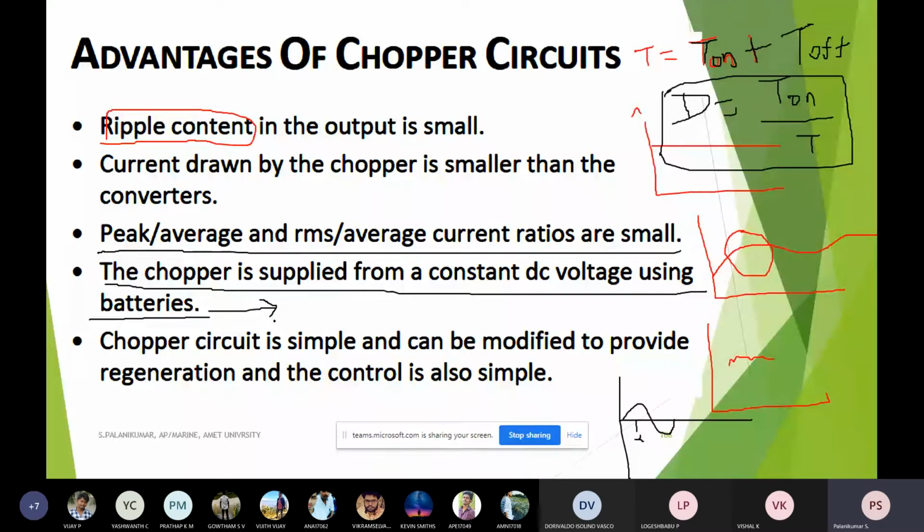This feature makes the chopper very suitable for hybrid electrical vehicles and electrical vehicles, because the very basic concept of a chopper is fixed DC to variable DC.